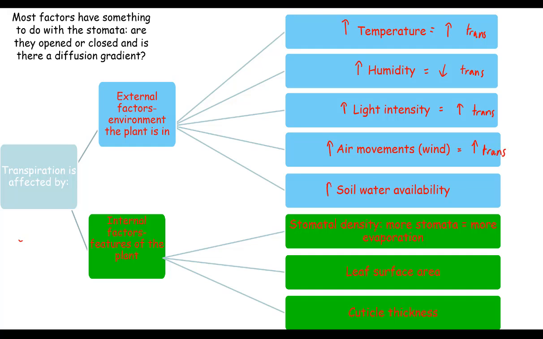The more soil water availability, the more transpiration there will be. The more stomata there are, the more transpiration will take place. The larger the leaf surface area, the more transpiration. And finally then, the thicker the cuticle, the less cuticular transpiration is going to take place.